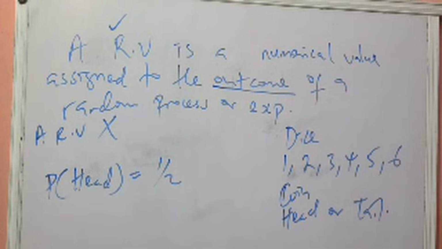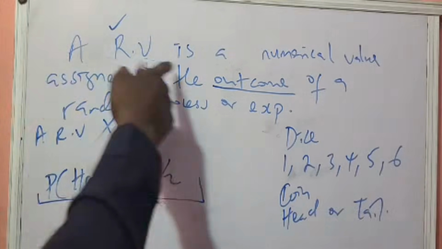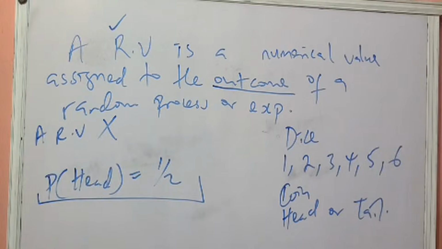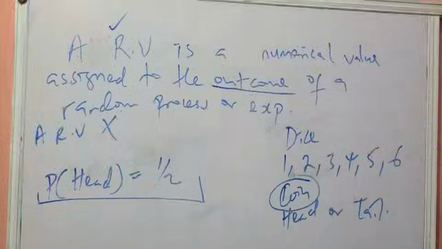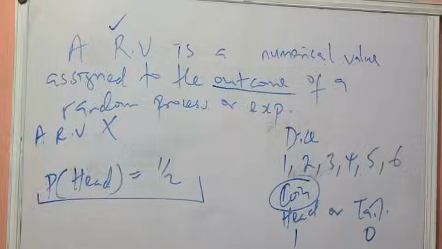Now, let me try to rewrite this using the concept of random variable. We can decide to assign this random process of tossing a coin a numerical value of 1 for head and a numerical value of 0 for tail.